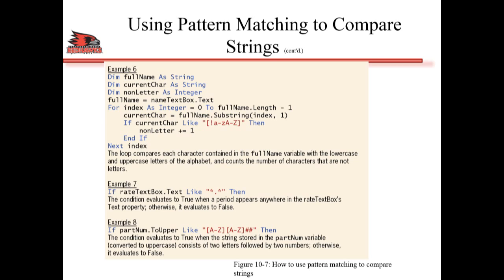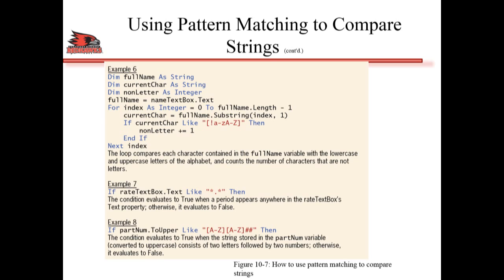If it's a number or something, the non-letter counts up. So the full name is extracted from a text box, and then we have a for loop with the index as the counter, and it goes from 0 to full name dot length minus 1, because the highest index is always lesser than the length by 1.